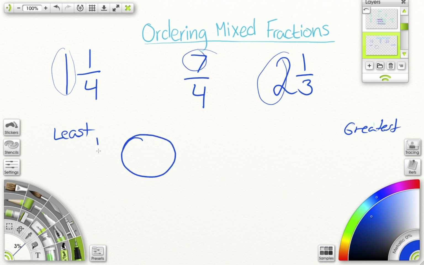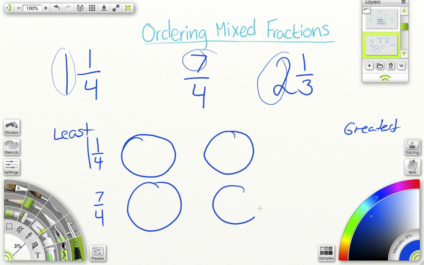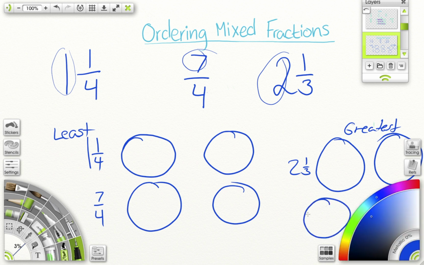So this will be my 1 and 1/4, this will be 7 over 4, and I'm going to do 2 and 1/3 over here just because I'm running out of room. Oh boy, I'm not even going to be able to fit all of these. Okay, those are the 3 pizzas for it.